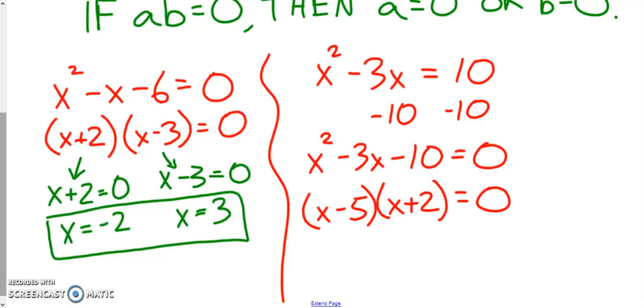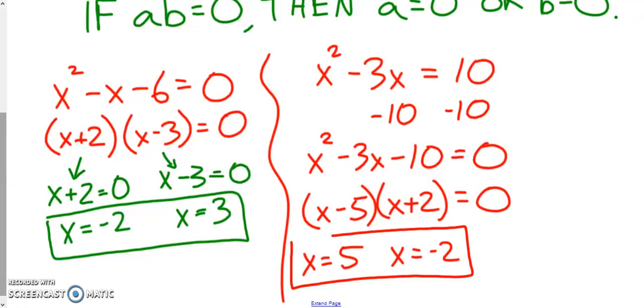So my solutions are x equals 5, because 5 minus 5 is 0, and x equals -2, because -2 plus 2 is 0. Worst case, if you forget that, just set the two factors equal to 0, x minus 5 equals 0 or x plus 2 equals 0, and solve those for x.